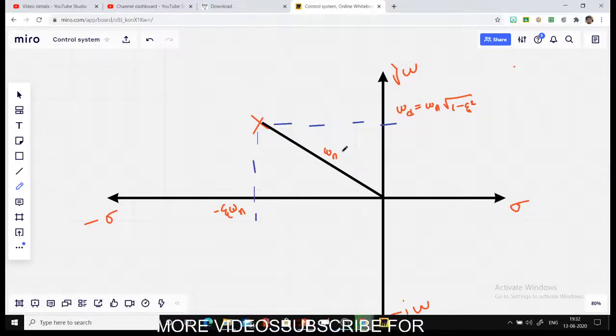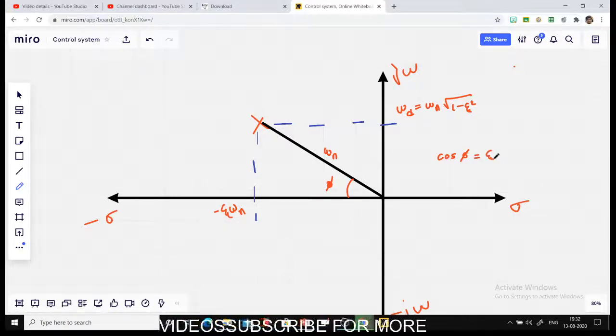Now what about zeta? Where will you find zeta? You will find zeta with this angle. This angle that the pole is making with the origin is phi, and the formula for that is cos of phi equal to zeta.